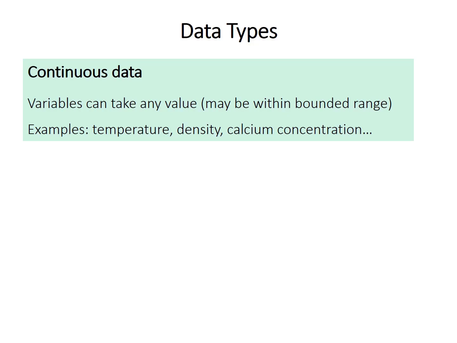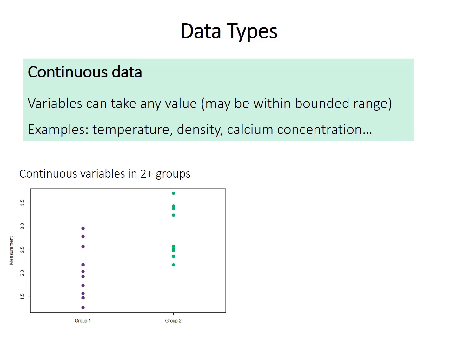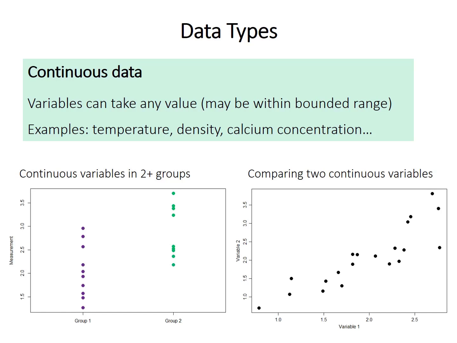So there are tests that are designed to compare continuous variables between two or more groups, as well as tests designed to examine the relationship between two or more continuous variables. We'll talk about those specific tests in upcoming weeks, but for now, it is important just to understand what continuous data is.